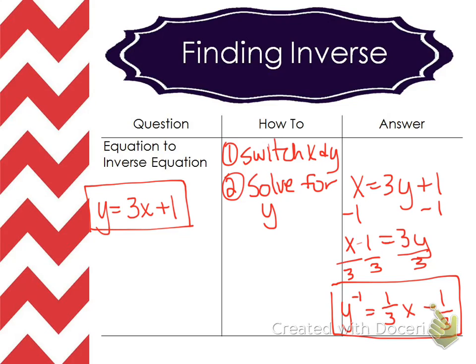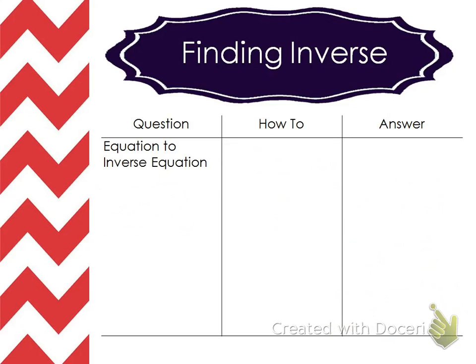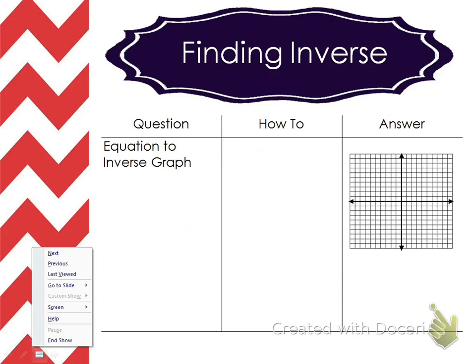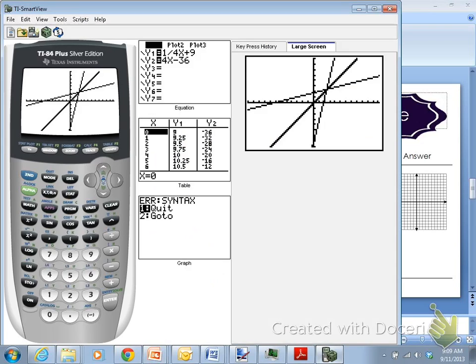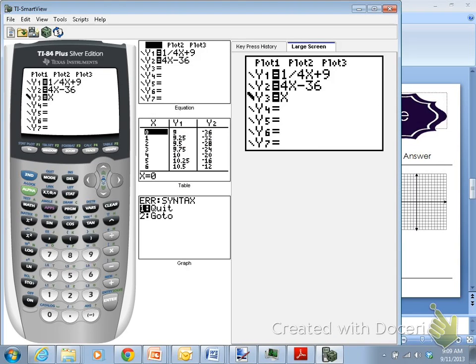We can check this in our calculator. So let's do that. Okay, so I'm going to go find my calculator. I already have these entered in, oh no I don't, just kidding.